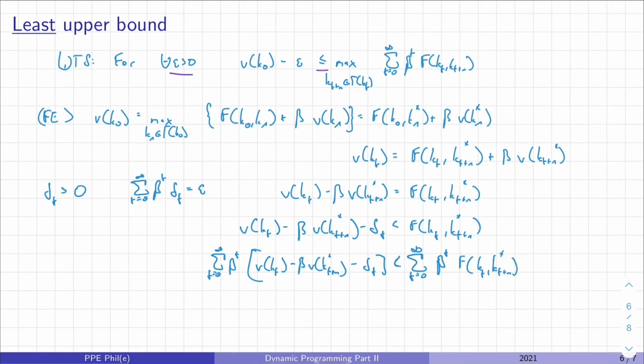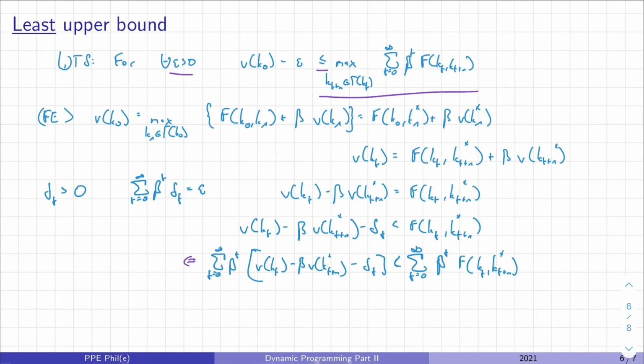Again, we don't have to use the max because we said that kt plus 1 star is the optimally chosen kt plus 1. So the right-hand side is correct as we need it here, but the left-hand side isn't yet. But we can actually work with this.